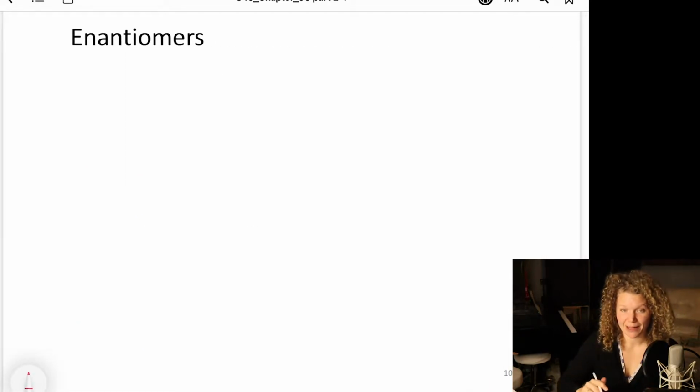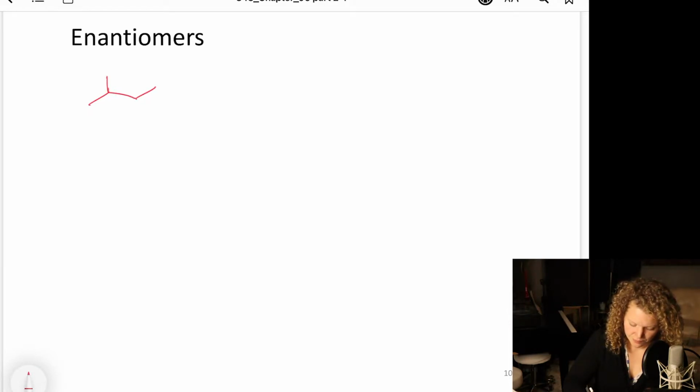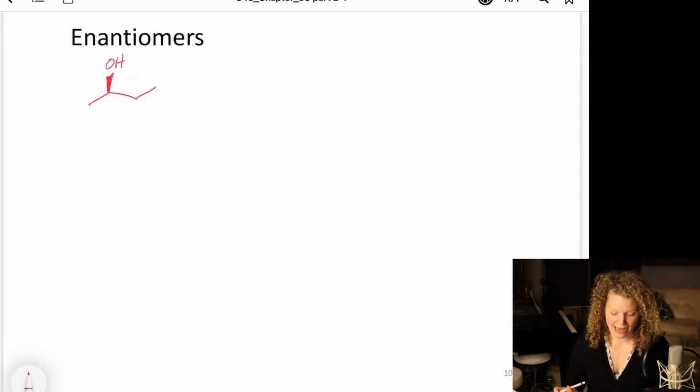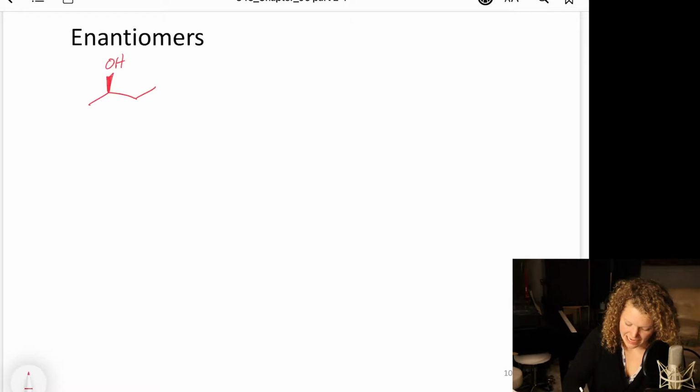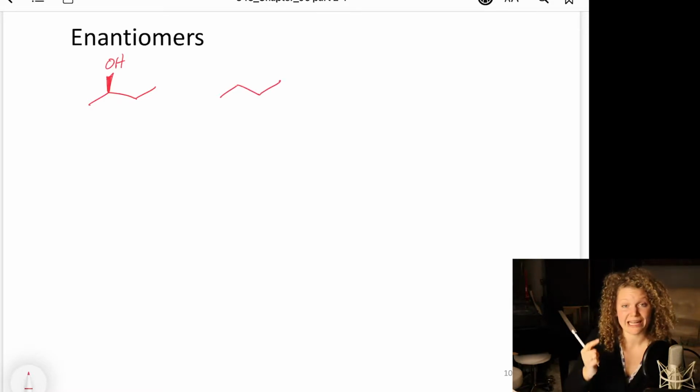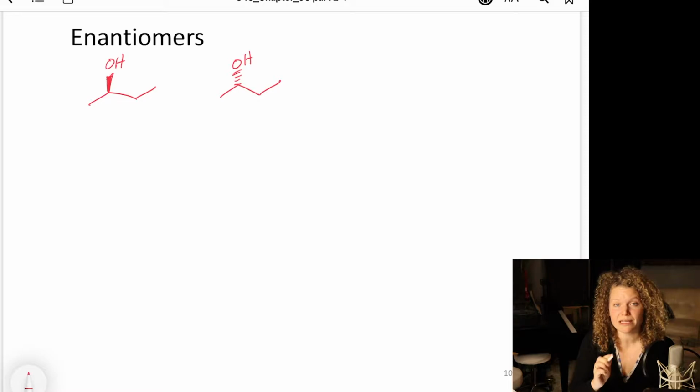Enantiomers are compounds that have at least one chiral center. Let's draw this alcohol here. Enantiomers would describe the relationship between two molecules. So here are enantiomers. They differ only by the stereocenter here.